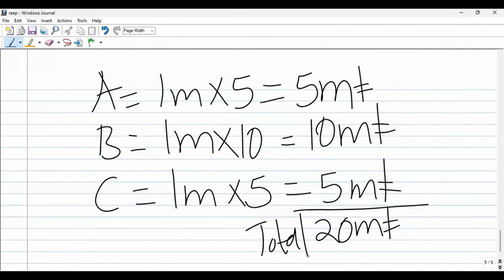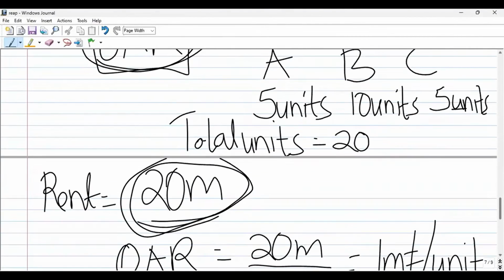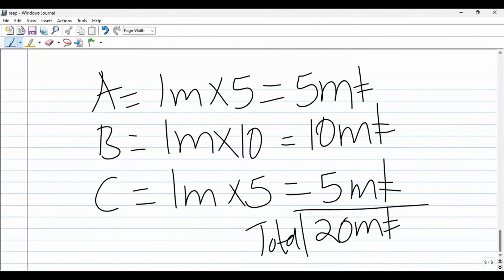In that case, you've used what we call the traditional costing system. You can see that the overhead of 20 million shillings has been fully exhausted. It's only fair that a product which has more units should have more costs compared to a product which has fewer units.